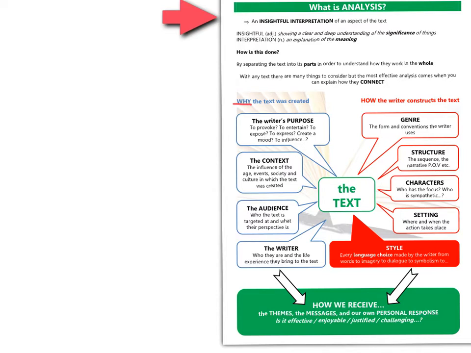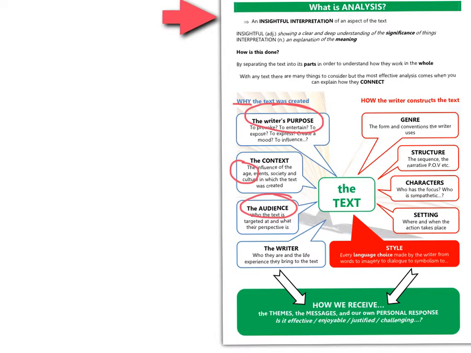What was the writer's purpose? We say that so often as teachers, getting students to try to work out why the text was created. Maybe it was created to show certain aspects of the age that it was written in. Maybe it was created to impress an audience, to have them understand certain themes or ideas.